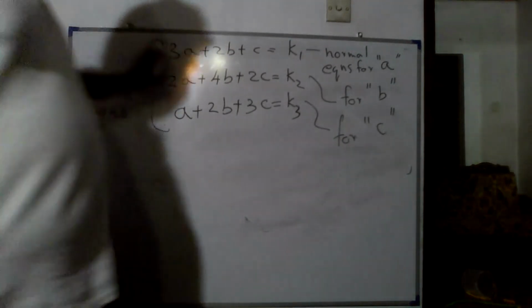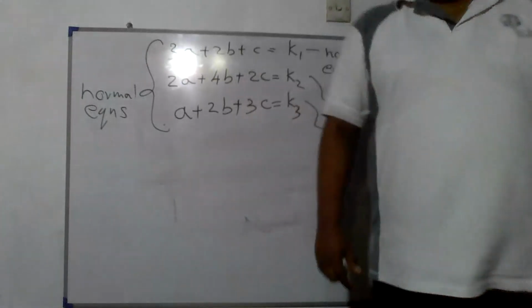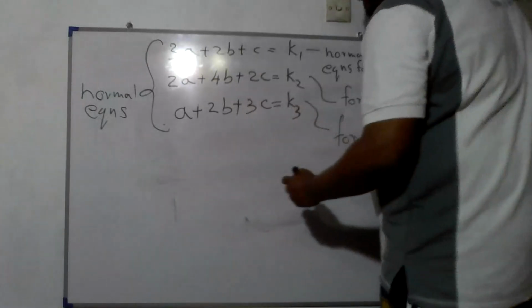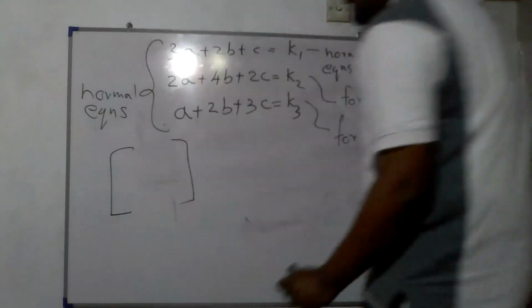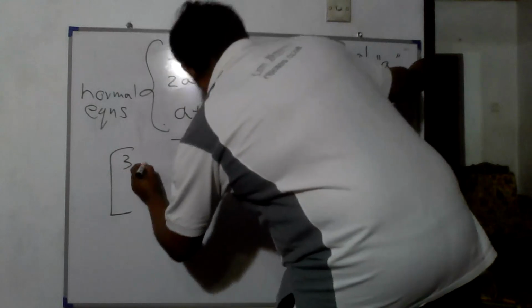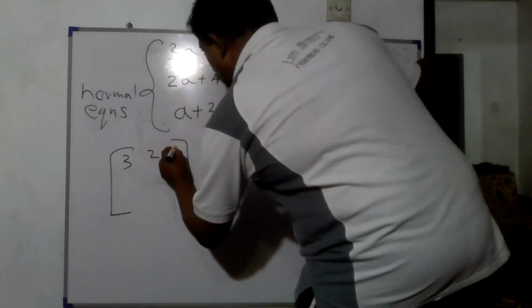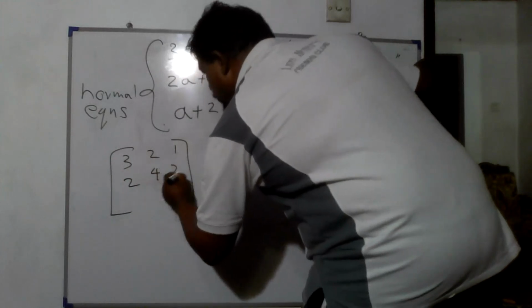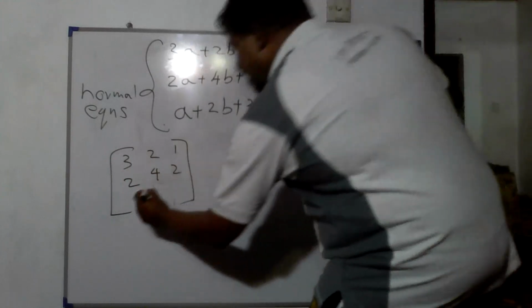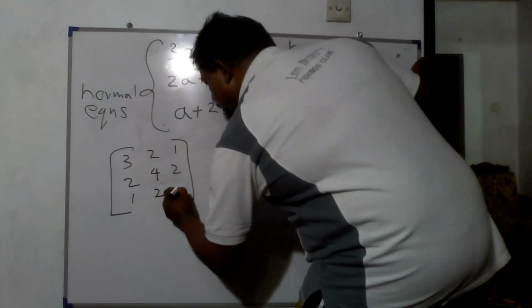Now, if you put it into matrix format, you will see that this is a very nice matrix. This is a symmetric matrix, right? 3, 2, 1, 2, 4, 2, and 1, 2, 3.